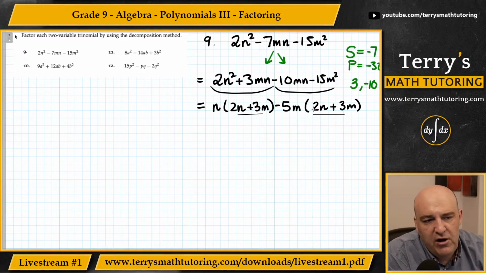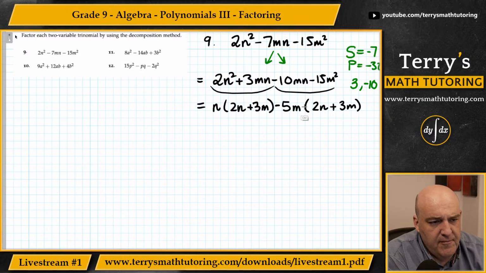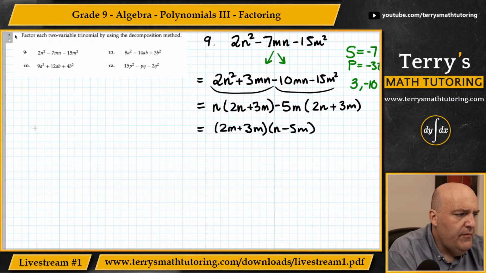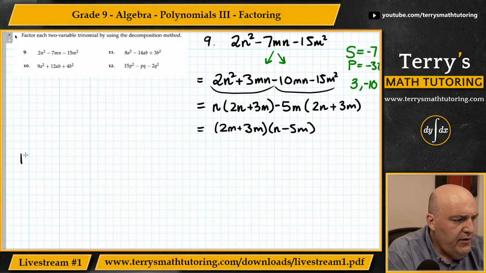I don't just recopy this here. I kind of hide this with my eyes and just focus on this and do this factoring, and then I look and make sure they're the same. And now let's factor 2n plus 3m out as a common factor. And we're done. Whoops, need a bracket there. So you see that when there's two variables, it's the same idea, right? Let's try number 10 here.